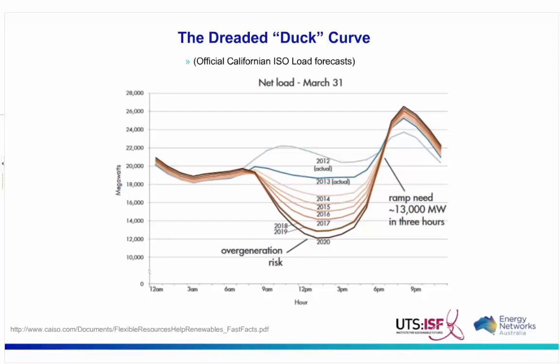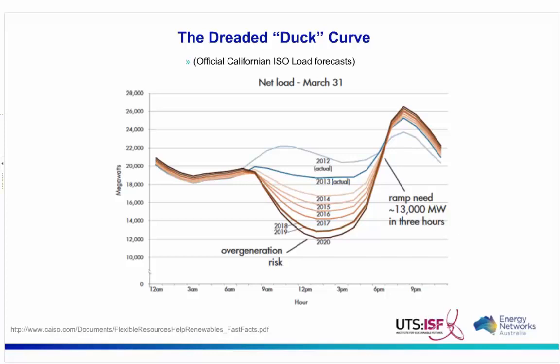What this graph shows you is the change in the load curve between 2012, which is the grey curve at the top there, and each year a reduction in demand in the middle of the day as a result, in particular, of solar PV generation. And then as the sun goes down, the underlying growth in demand is leading to a higher peak.